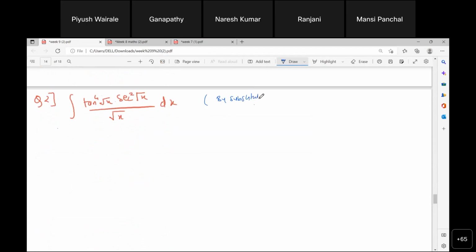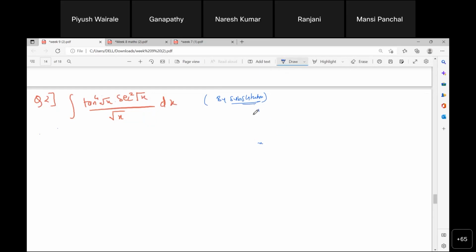Yes, we can put tan of root x equals u, because already sec square root x is given to us.